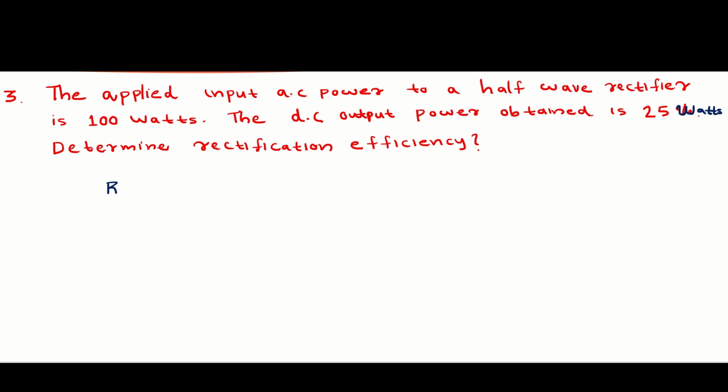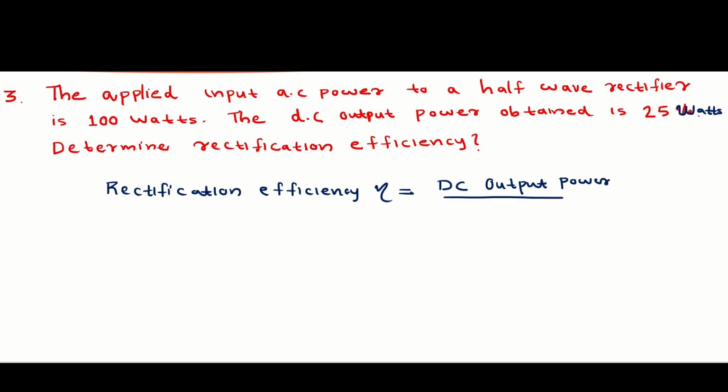So we know the expression of rectification efficiency, or simply efficiency, indicated by eta. Eta is equal to the DC output power divided by the input power. That means the input power is in the form of AC, so AC input power.